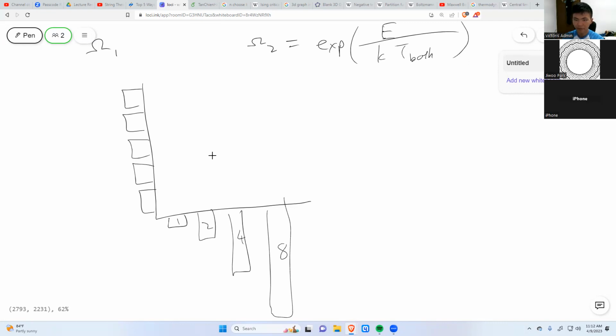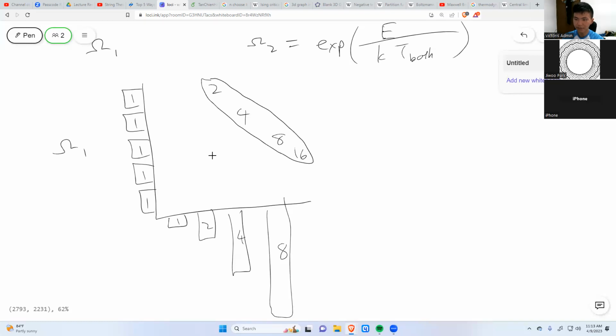Essentially, what this does is, for each one of these macrostates, if I multiply it out and take a diagonal along here, it will look something like 2, 4, 8, 16, and so on.